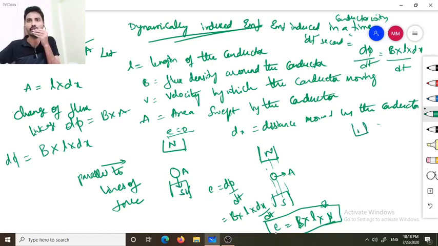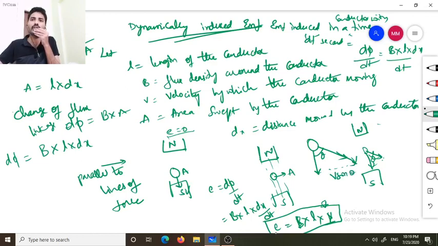Now it is moving at some angle to the direction of field lines. That angle is theta. So I have already resolved it. Suppose the lines of force direction is like this, and the conductor is moving with a velocity v at angle theta to the field lines direction, so it will resolve into two components: a vertical component and a horizontal component.